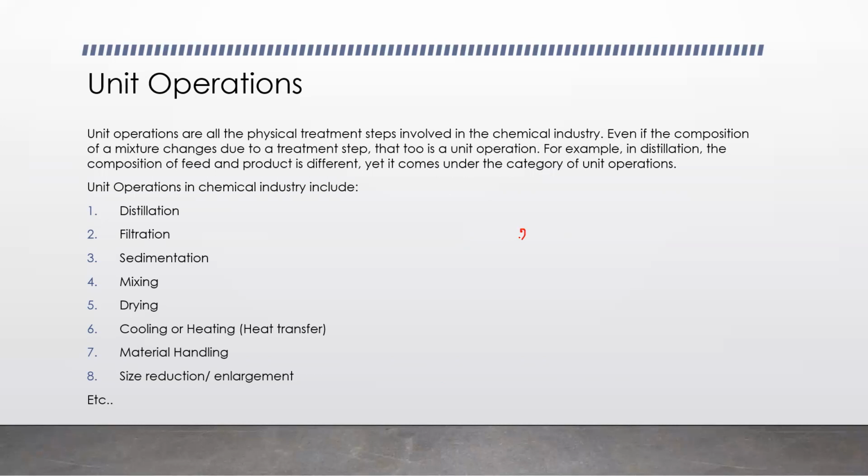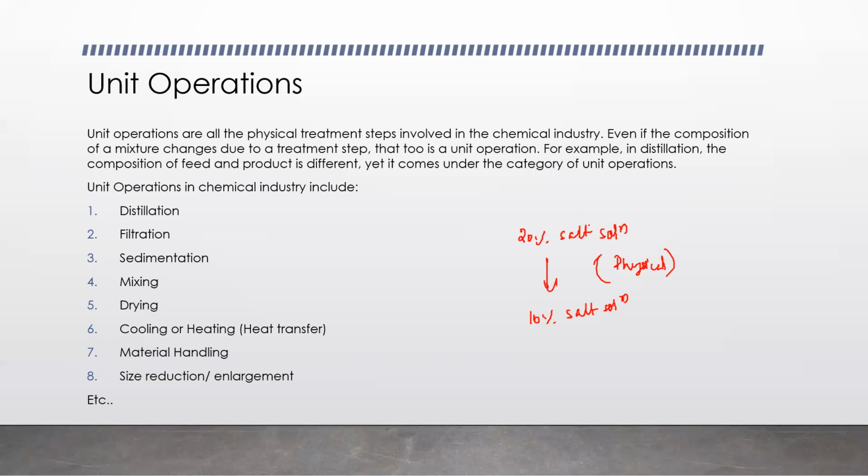For example, if we have a 20% salt solution, and from this I am making a 10% salt solution, this is a physical treatment step. This is not a chemical treatment. Chemical treatment comes into the picture only if you are making something else out of this.